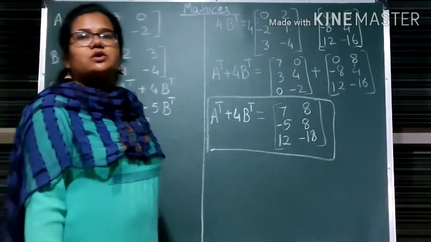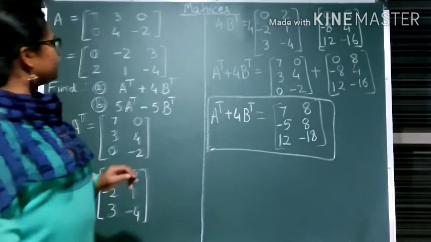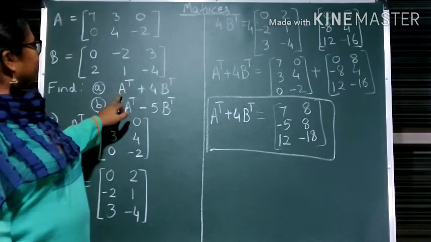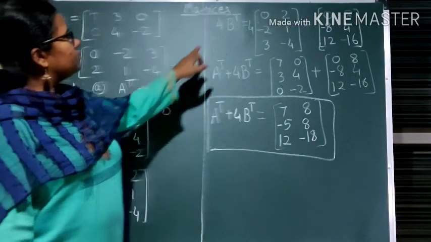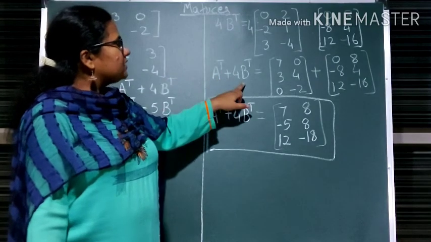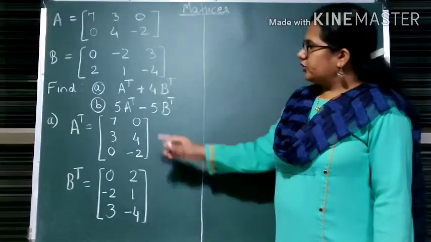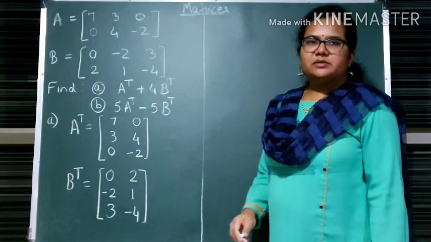Okay, so first we found out A transpose, then we found out B transpose. In the first value you have to find 4 into B transpose, that we have found here, and then we added A transpose plus 4 into B transpose and you get this value. Already we have A transpose and B transpose.